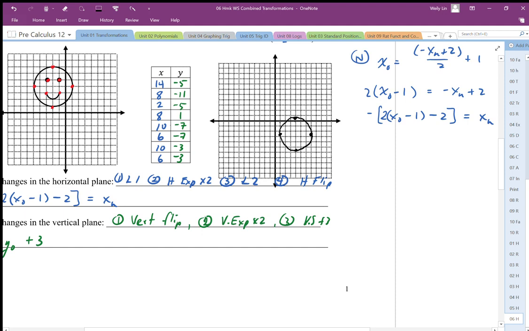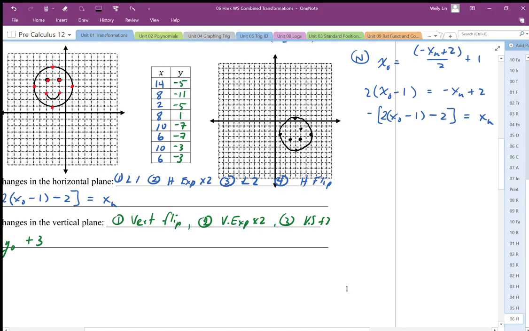And then to do the smiley face part of this, it's going to be 10, negative 7. So I'm going to go 5, negative 3.5. There's my eye. 6, negative 3.5. There's my other eye. It's going to be 10, negative 3, so right about there.